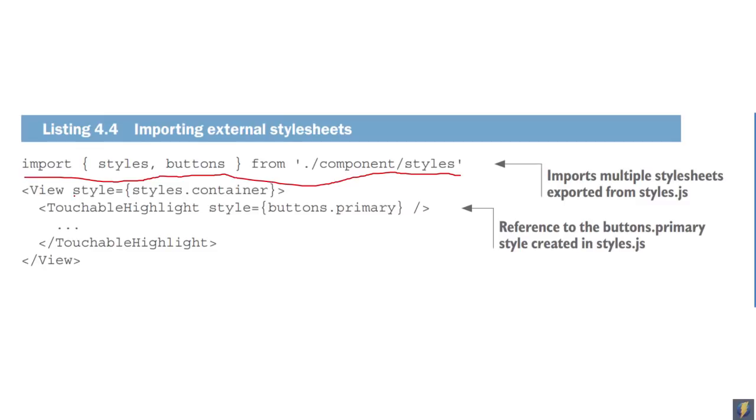Just like this, for the style, this one: styles, this styles is here. Styles dot container, and for the touchable highlight, the style is button. Button comes from here. Buttons come from here, dot primary.